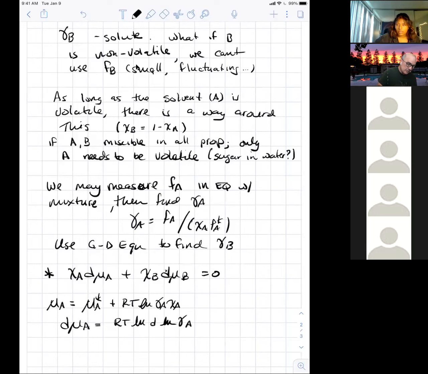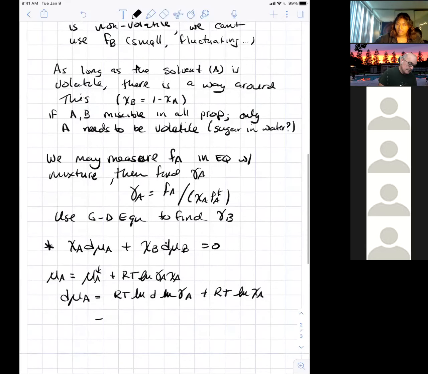And for some reason, when I wrote this in my notes, I reversed the order of the log and the d. So I have to be careful so I don't confuse you. There should be a d. Hold on here.